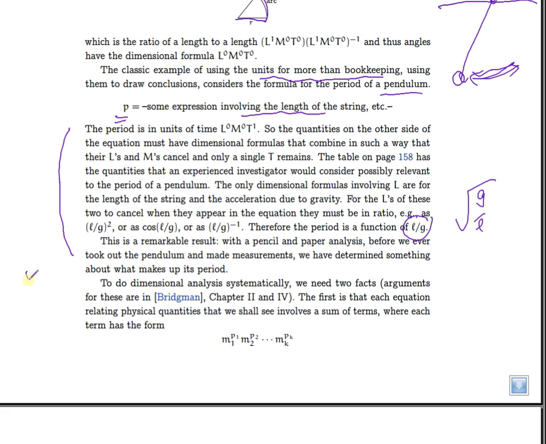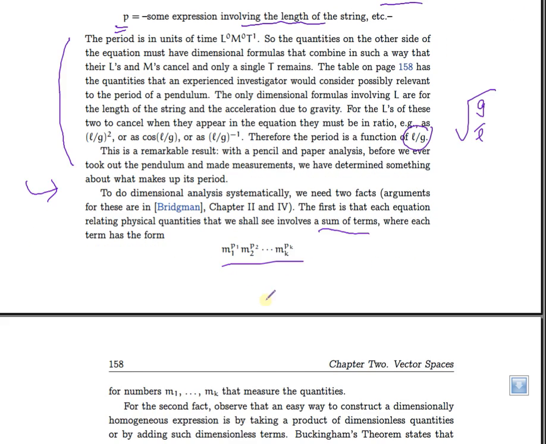So let's do this systematically. Okay. If we want an algebraic equation for a physical quantity, in terms of other physical quantities, we're going to have a sum of terms, and each term will have this form. We'll have physical quantities raised to powers. Okay?